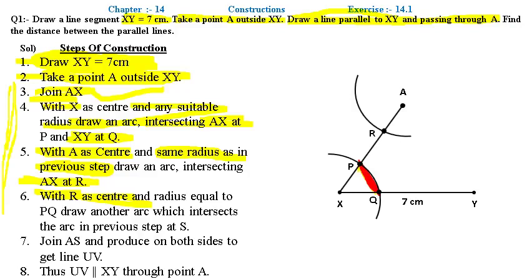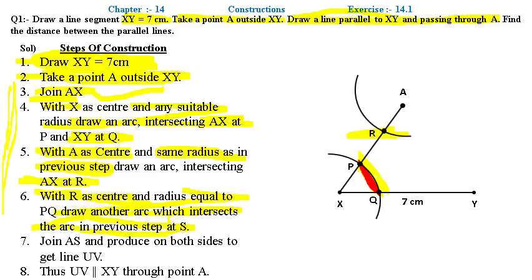And what do we have to do now? And radius equal to PQ, draw another arc which intersects the arc in the previous step at S. So with R as your center and radius equal to PQ, now you draw an arc.